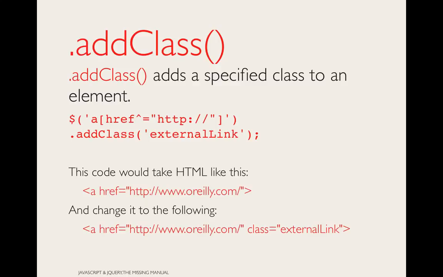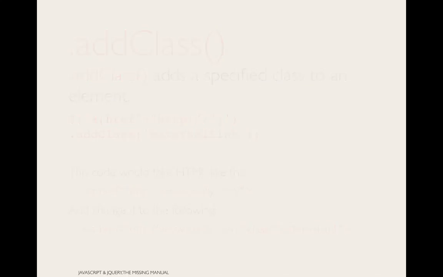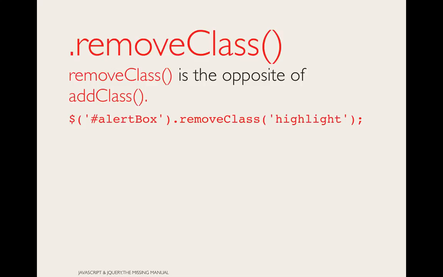And whatever's in that class, as far as CSS, it will display according to that CSS rule. And removeClass is just the opposite of addClass. You can remove classes, add classes. Very common thing to do from a user interface standpoint.